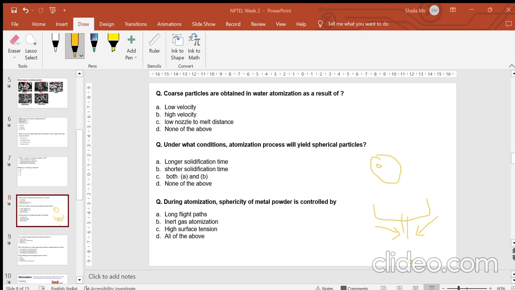So you can go back to your critical radius formula and check what factors it is dependent on. So the critical radius formula was 2 times the surface energy divided by delta G, right? That delta G was the volume free energy. So it depends on what factors? What is the right answer?